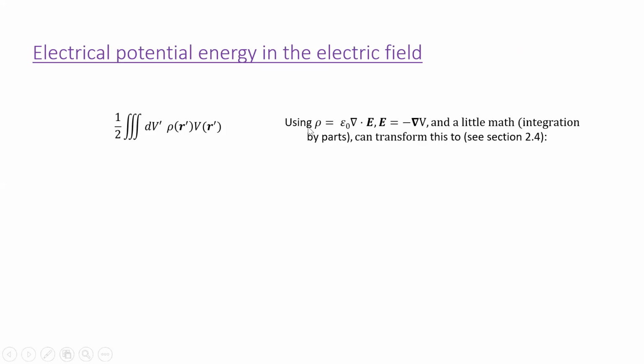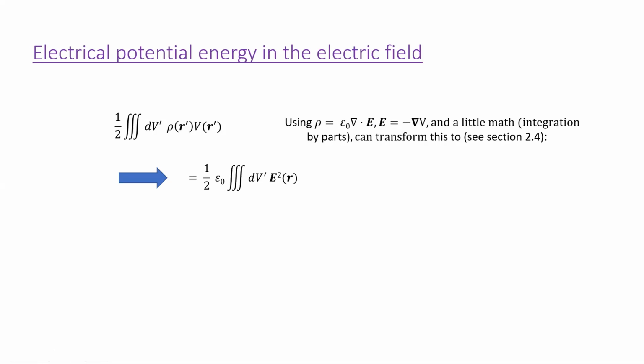Using a couple of relationships, the first one is that rho is epsilon naught times the divergence of E. You can recognize that as Gauss's law in differential form: del dot E is equal to rho over epsilon naught. And also the fact that E is the negative gradient of V. And doing a little fancy math involving triple integrals, and again, I'm not going to show that here, you can see section 2.4. It involves an integration by parts.